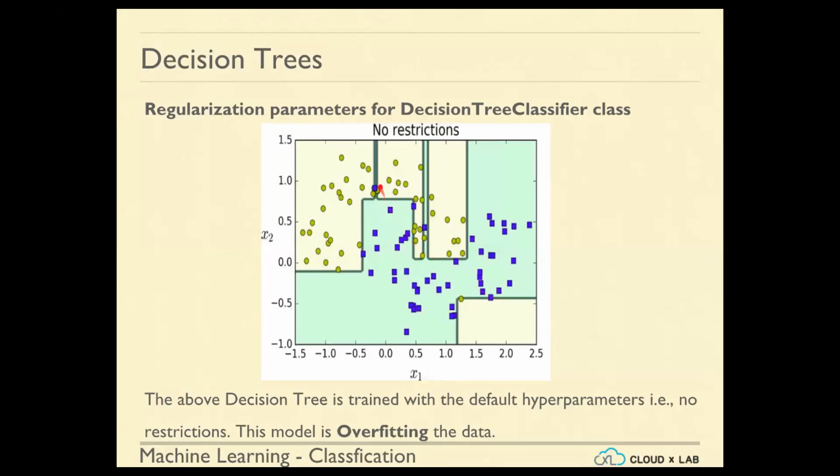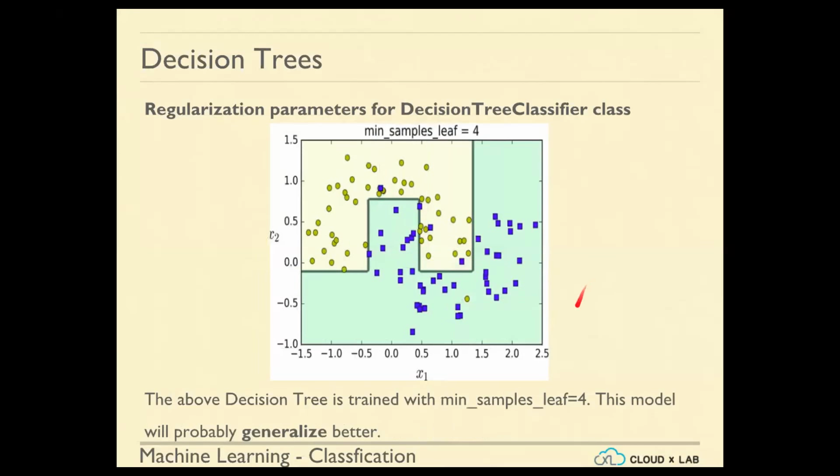The moment we constrain the freedom by saying there should be this minimum sample leaf, it suddenly makes a more generalizable graph. For example, it has ignored this part, and this, and so on.